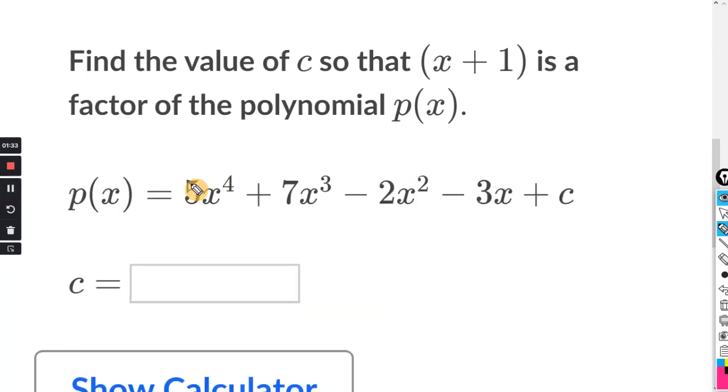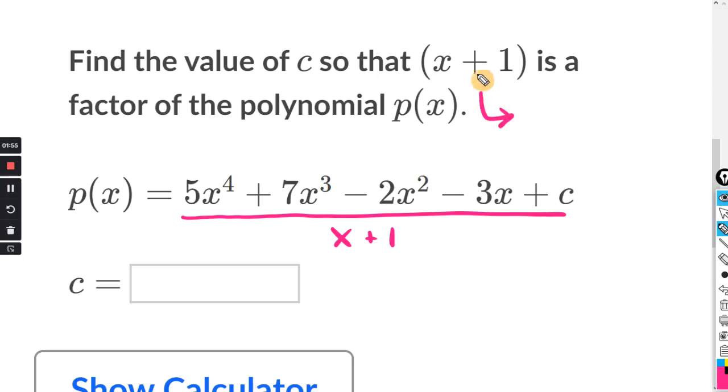Now, I highly recommend you do the exercise titled Remainder Theorem first. We went over this last time. When you take this polynomial and divide it by x plus 1, if you want to find the remainder, you have to change the sign and plug in that number.